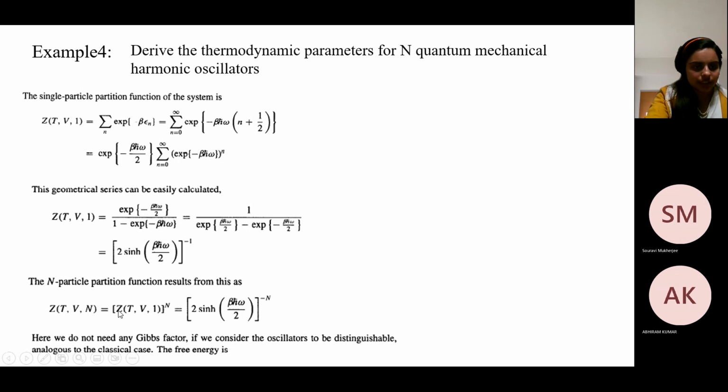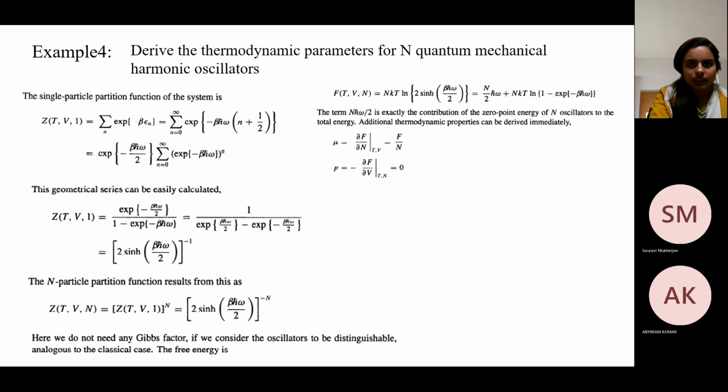Once you do that and you get the expression for the partition function, now you can get the expression for the different thermodynamic potentials. And it's interesting to note here that now the value of pressure is 0.